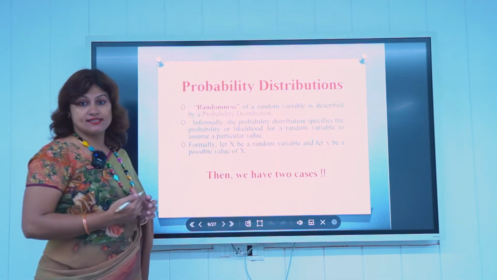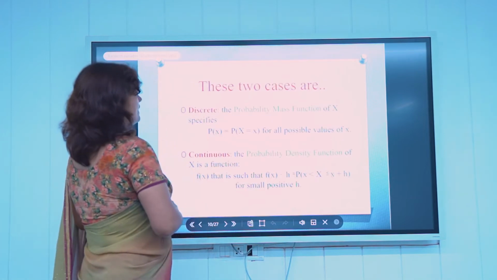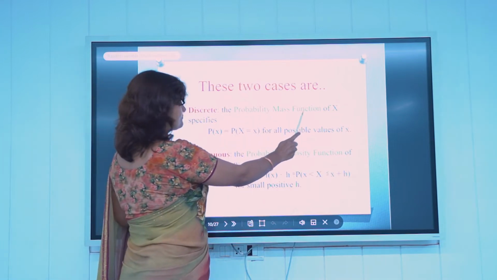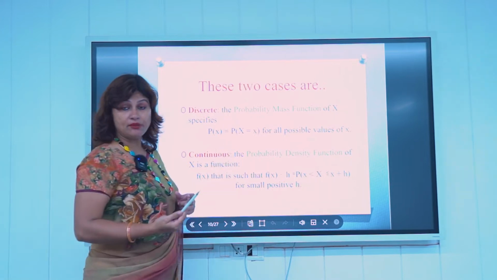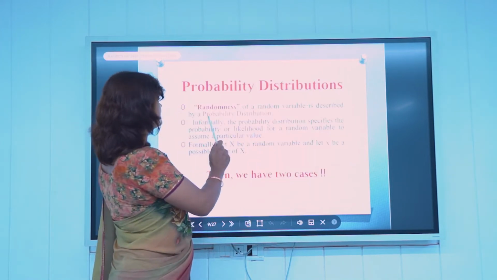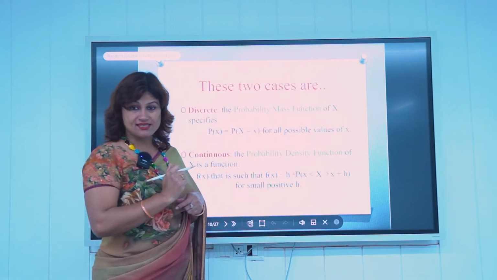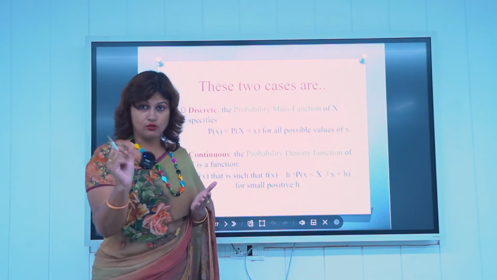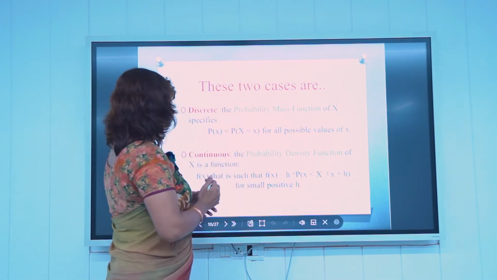Then we have two cases: one is discrete, another is continuous. The probability mass function of X specifies p(x), which can be written as P(X = x), even though we write only p(x), and it goes without saying that it is under a particular value of capital X, for all possible values of x.